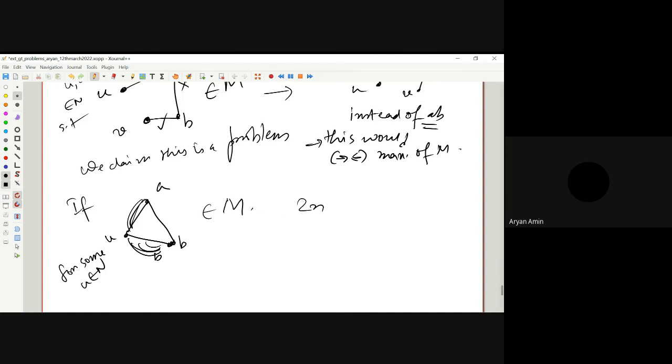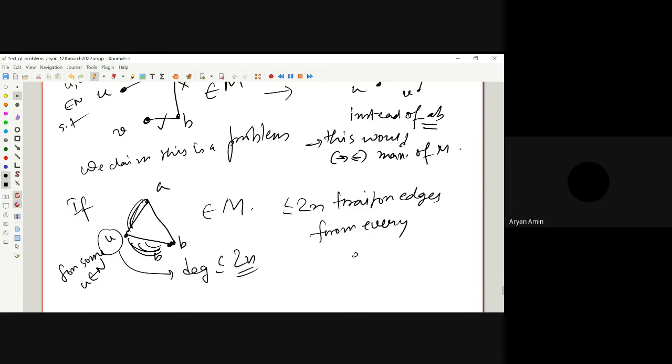Because they can only ever be adjacent to one common neighbor of A, B, and that common neighbor has been prescribed to have a degree of at most 2n. So do you agree that there are at most 2n traitor edges from every edge AB in M? Does everyone agree till here?